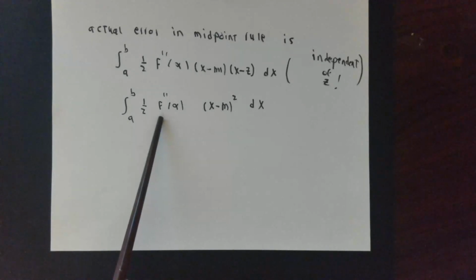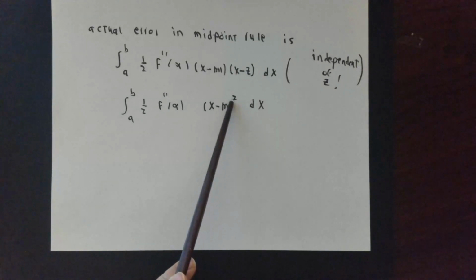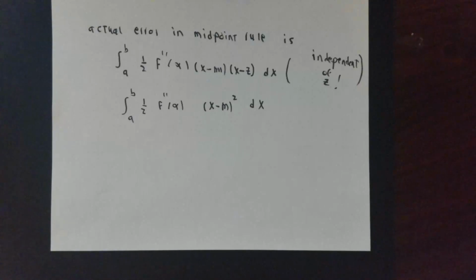(x minus m) squared does not change sign on the interval from a to b, so finally I can use the mean value theorem for integrals to simplify this.